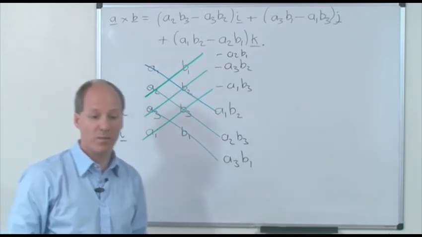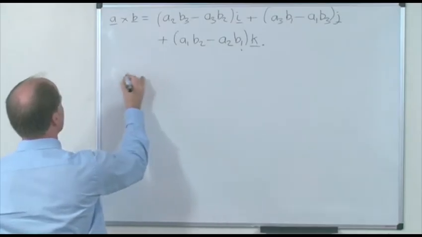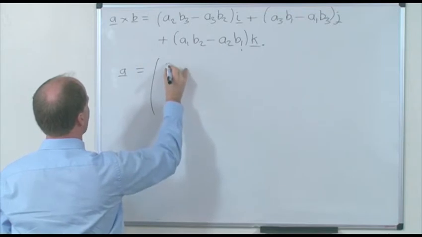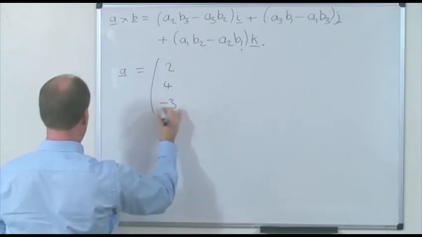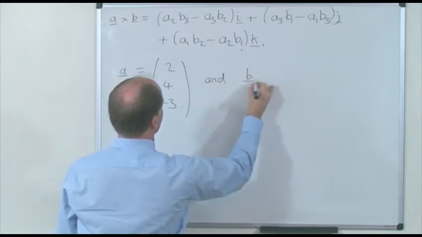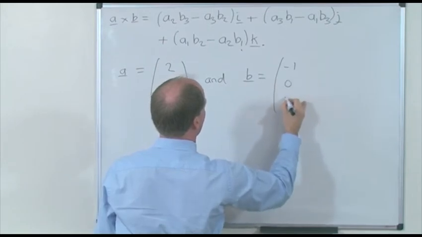Now let's do an example to see how this method works in practice. So I'm going to take my vectors a and b to be a is going to be 2, 4, minus 3, and b is going to be minus 1, 0, 3.